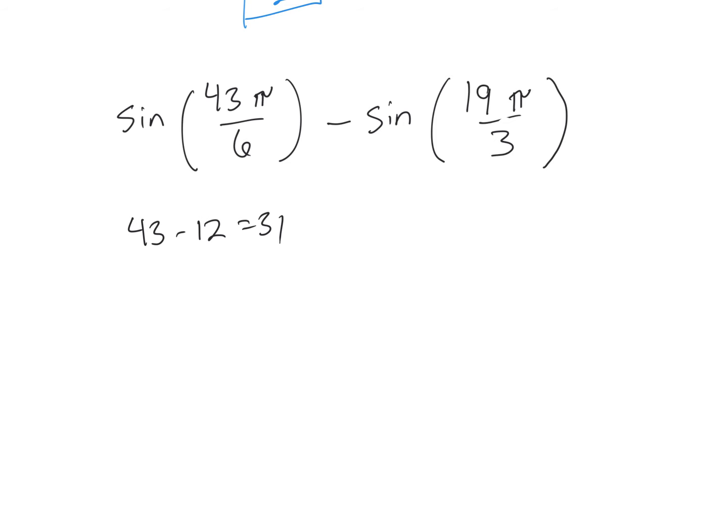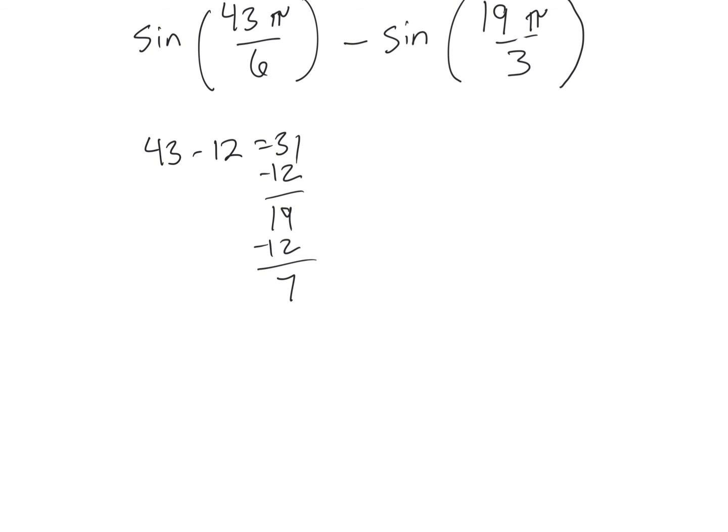I'm going to keep subtracting 12 because that's 2 pi until I can't subtract anymore. So if I subtract 12 some more, this gives me 19. Keep subtracting 12. 19 minus 12, we got a 7. So what I really want to take is sine of 7 pi over 6.